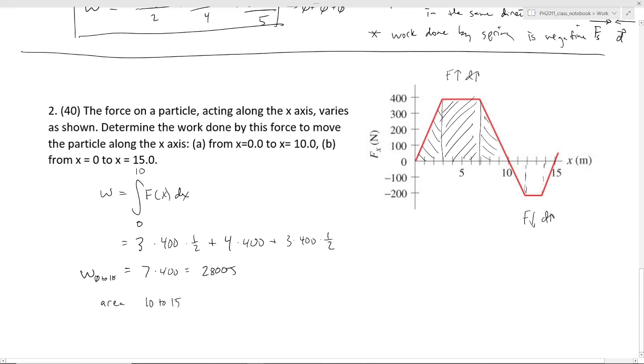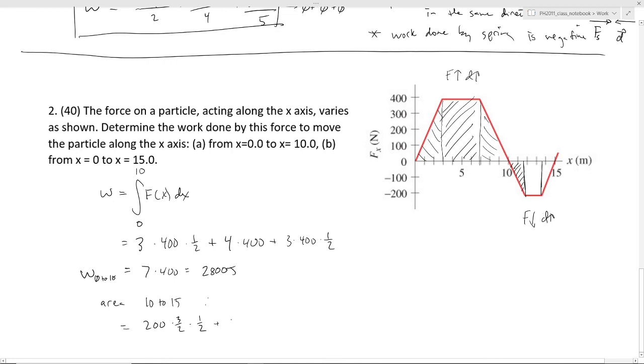So what would that be? Well, this is a little bit smaller of a region. Kind of tough to draw. Let's see here. This would look like 200 times basically 1.5 times a factor of 1/2. That would be this little triangle here.